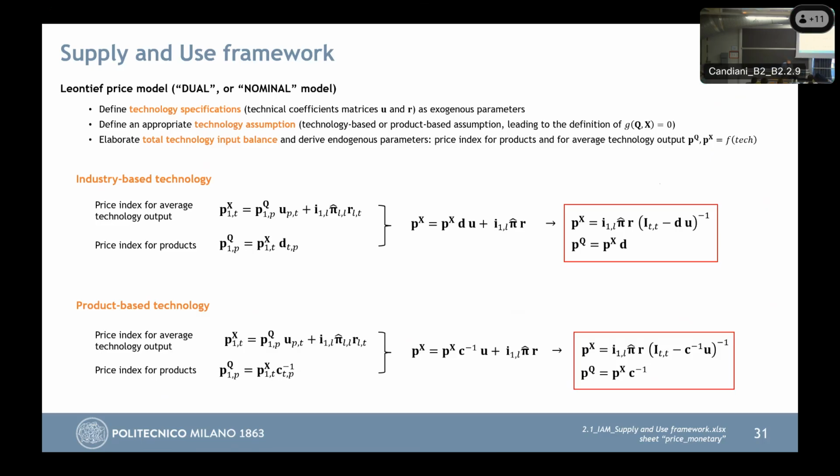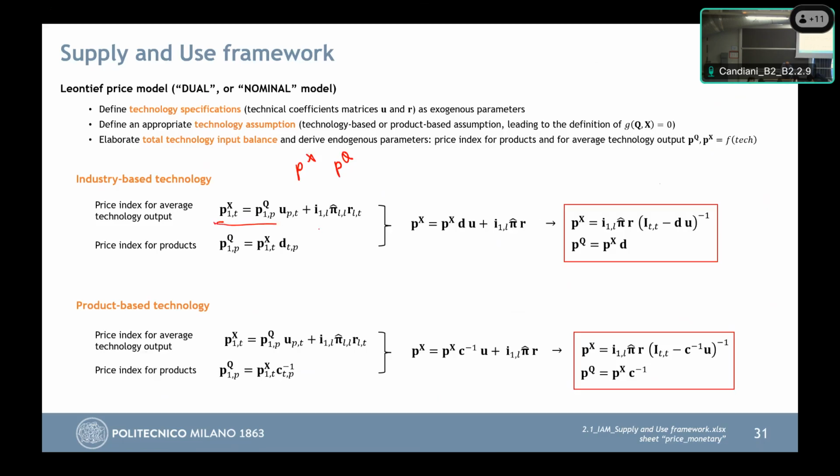So if you are elaborating the supply and use tables by introducing the prices of technology activity, Px, and the prices of product output, PQ, you can define two equations.